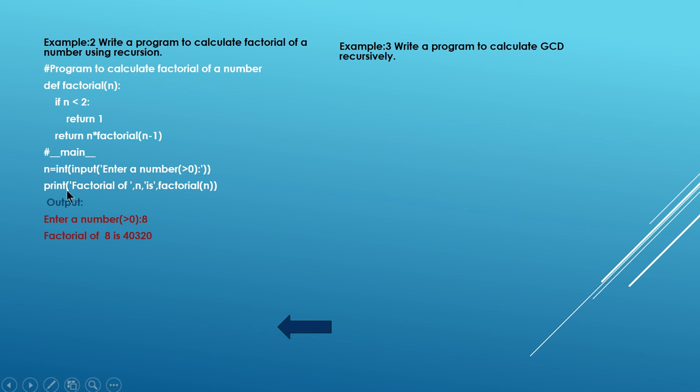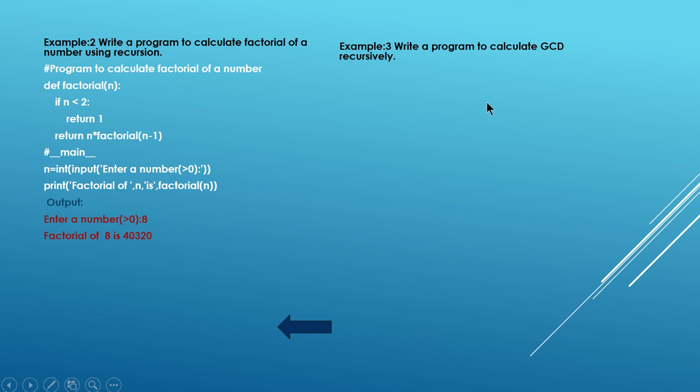I didn't write that, but you can write that as well. Then print factorial of n, which is the first call to the function. Enter a number greater than 0, say you enter the value 8. Then the factorial of 8 is returned. So this is your factorial function.